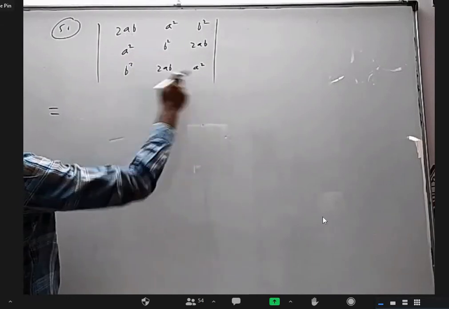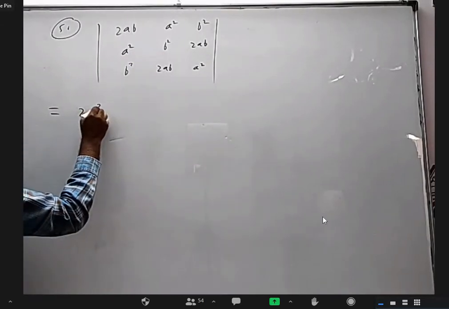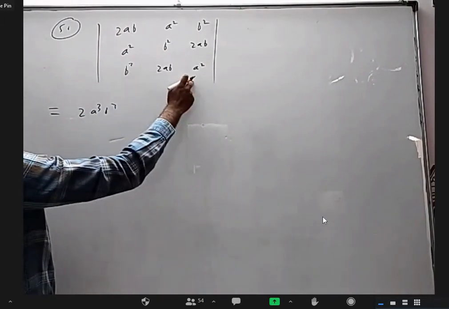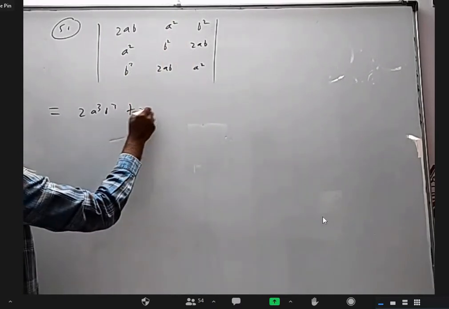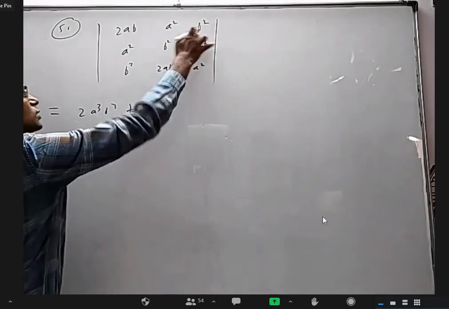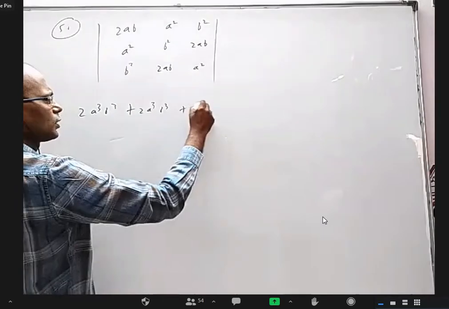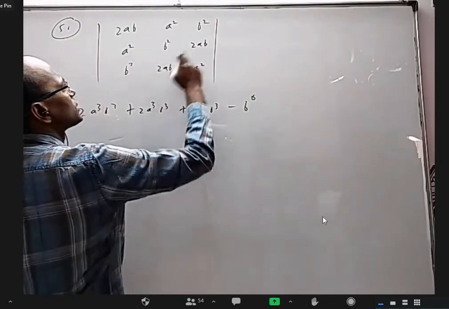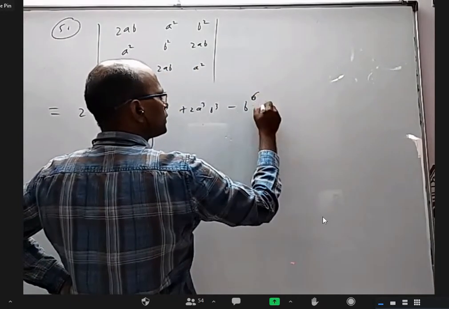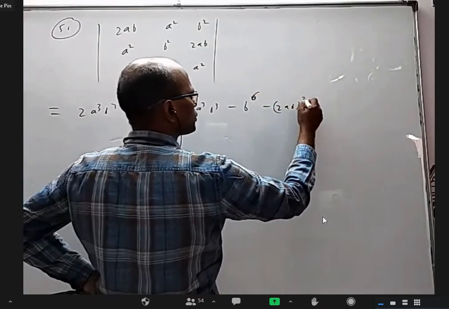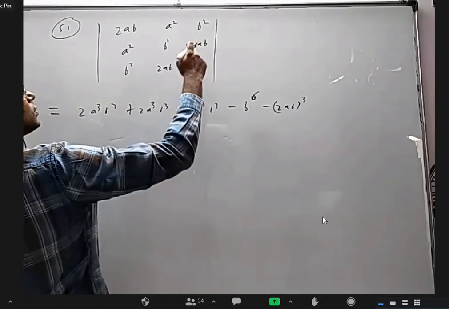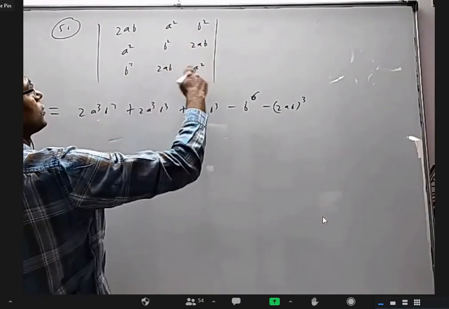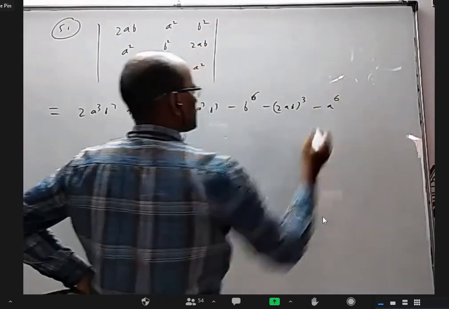This expansion is 2a cube b cube. This into this into this, and this into this into this also the same, 2a cube b cube. This into this also the same, 2a cube b cube. This product is minus b power 6. This into this is minus 2ab whole cube, and minus a power 6.